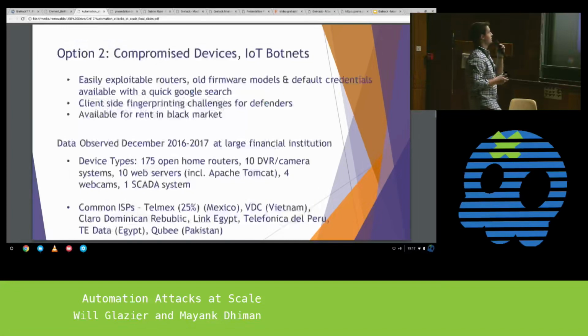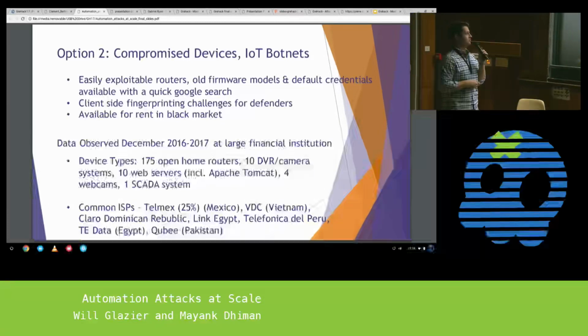Option 2, so after cloud hosting providers, another thing we saw is a botnet of compromised IoT devices. We observed this data in December of last year and January, at a large financial institution in the United States.